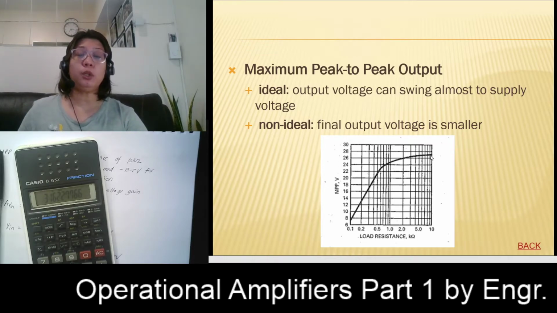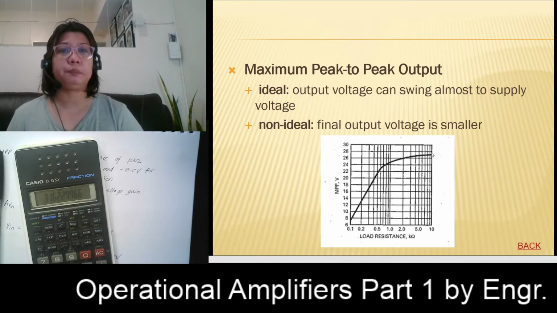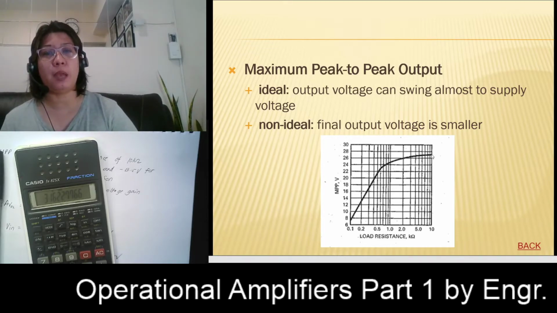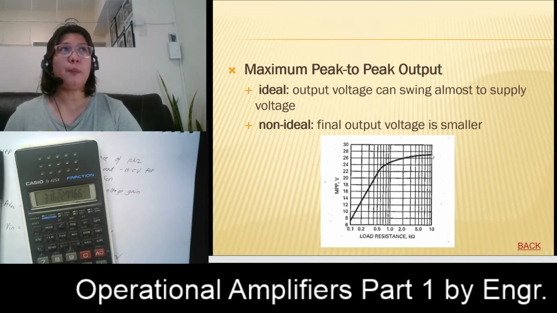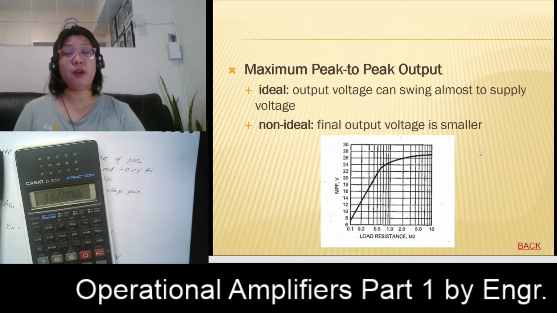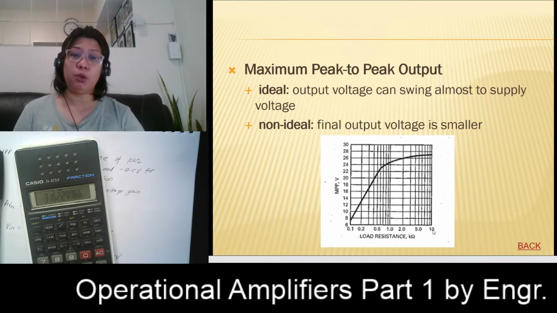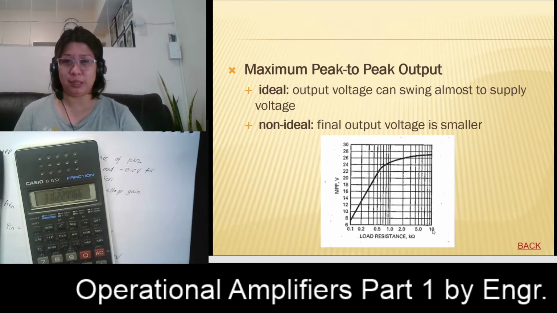So what do we mean by 27 volts? That is roughly plus or minus 13.5 volts. The maximum value that we can have at the positive output is positive 13.5, and the negative output is negative 13.5. And that is if we are going to make use of a 10 kilo ohm load resistance.